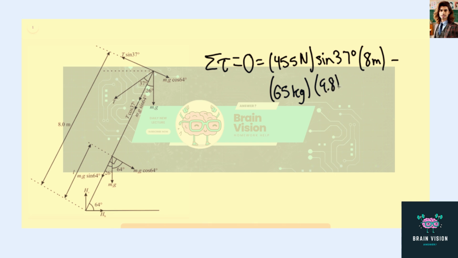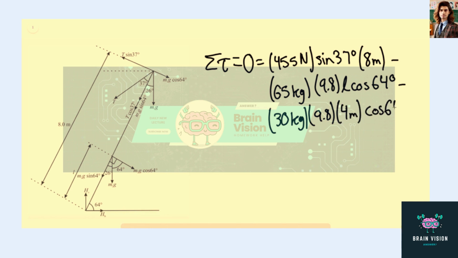times 9.8, so that'd just be the weight, times L cosine of 64 degrees minus, again, 30 kilograms times 9.8 times 4 meters times, again, cosine of 64 degrees.